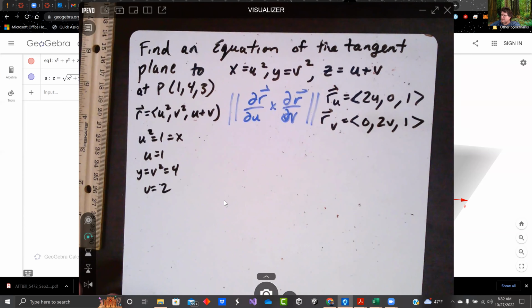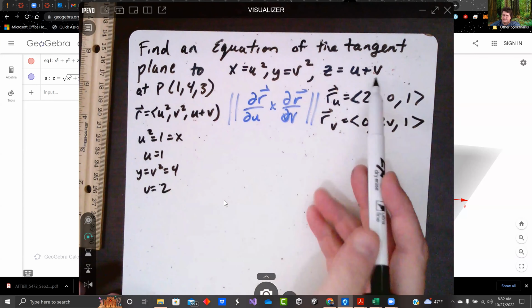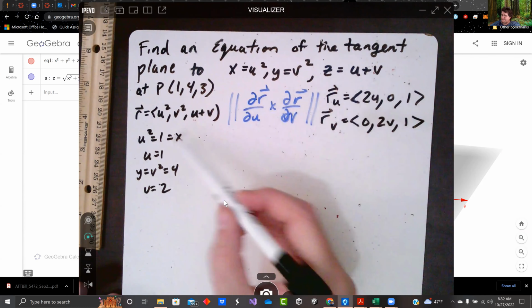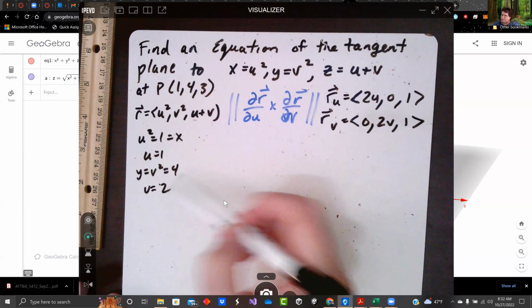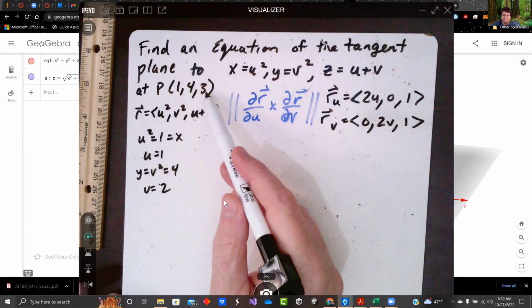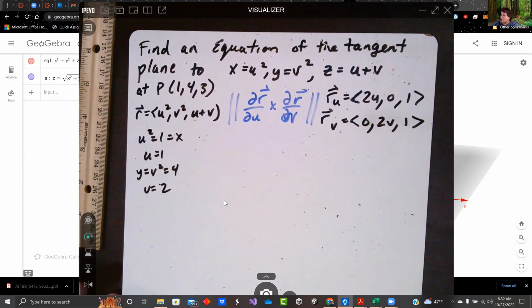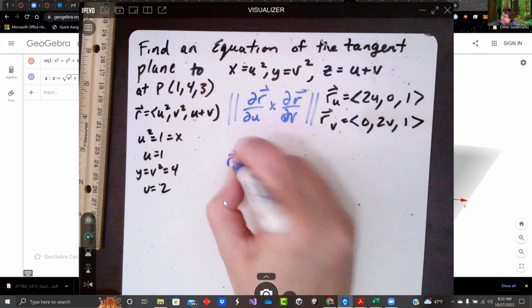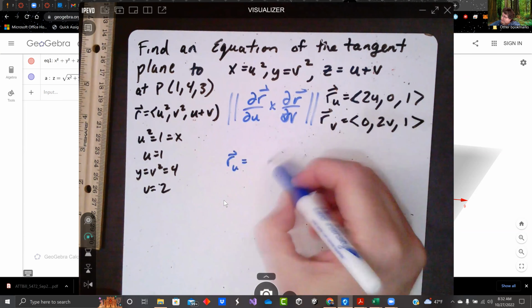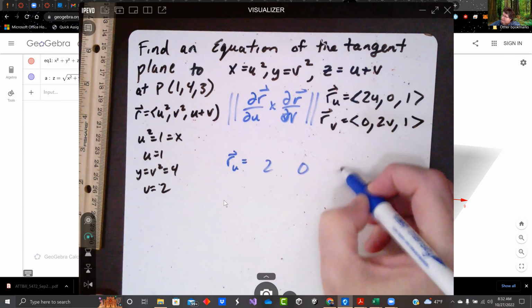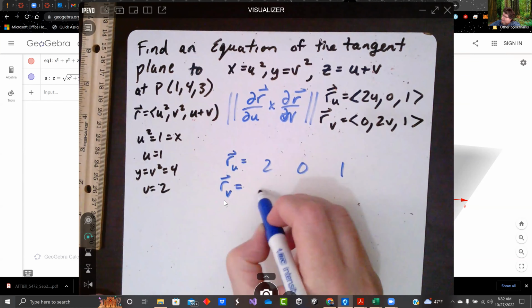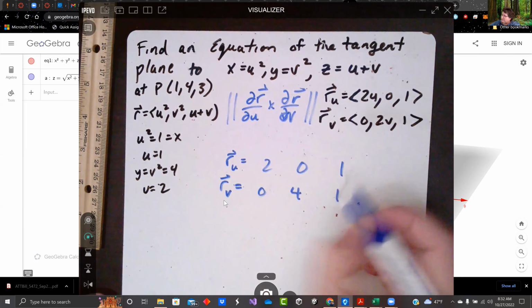And I know it's the positive versions because z has to equal u plus v, and if either one of these is negative, I'm not going to get 3. Okay. Which means dr/du is 2, 0, 1, and dr/dv is 0, 4, 1.